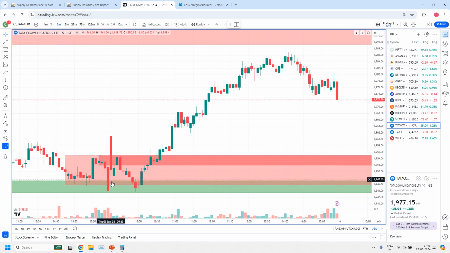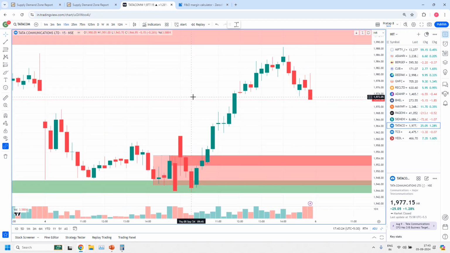See, today what happened? With a gap up, prices opened here and then came down. That means our 5-minute zone is violated and also the 15-minute zone is violated. Let me go to the 15 minutes time frame. In the 15 minutes time frame, we have a drop, and 1, 2, 3 base candles.